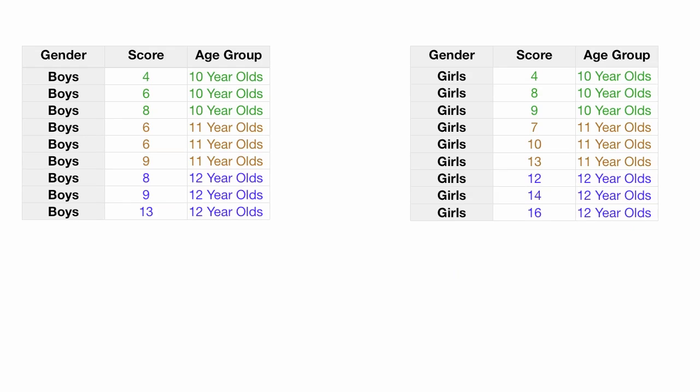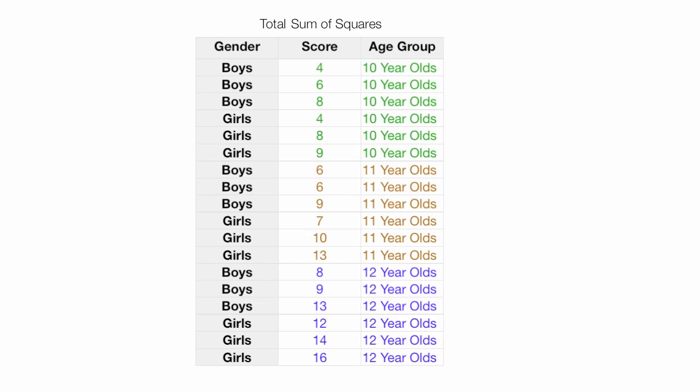And this time I have a thing called sum of squares factor again, but of gender. This is my second factor. So I'm going to analyze it based upon gender. And finally, I'm going to take all the data and treat it as one big chunk. And this is called my total sum of squares, or sum of squares of the total. And I'll take the mean and I'll analyze it this way as well.